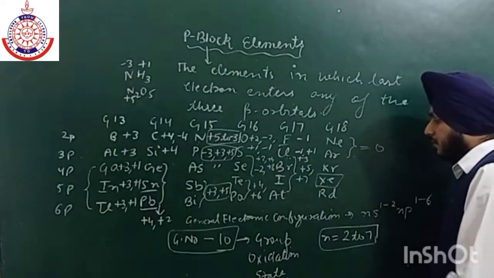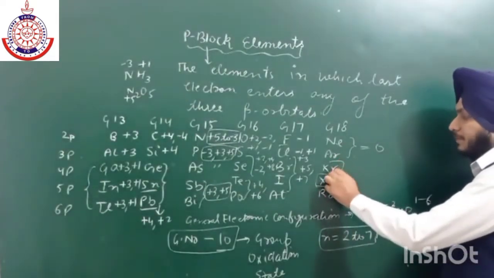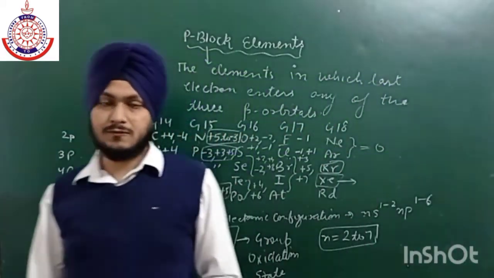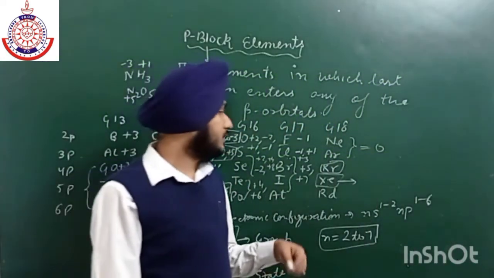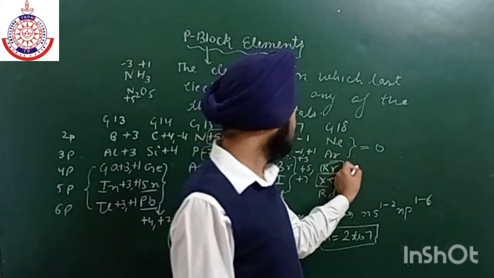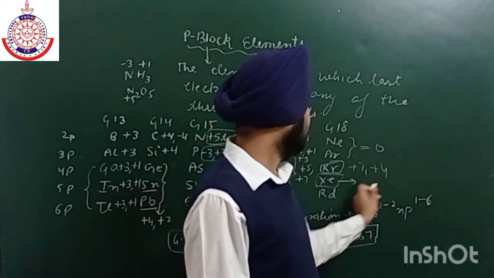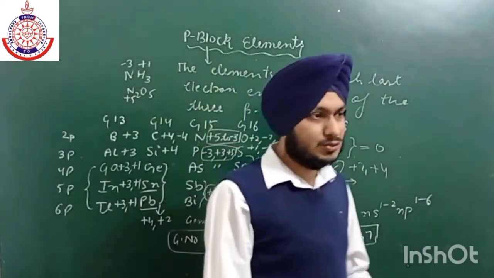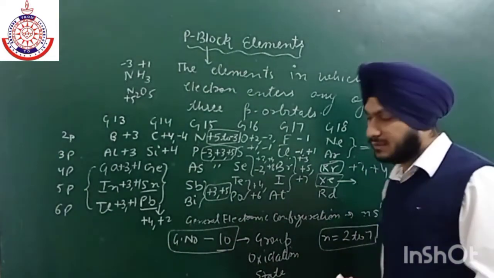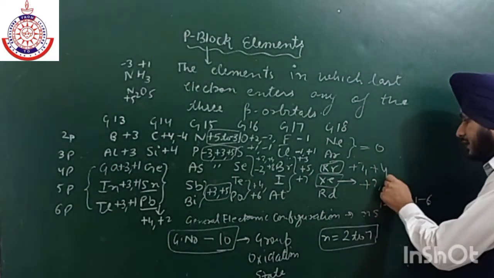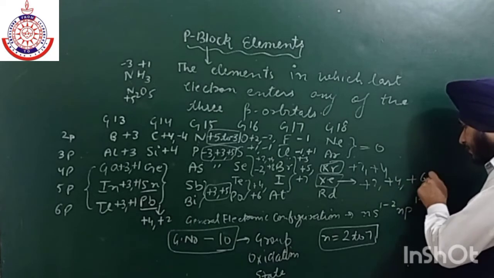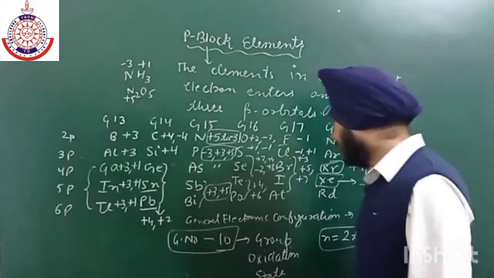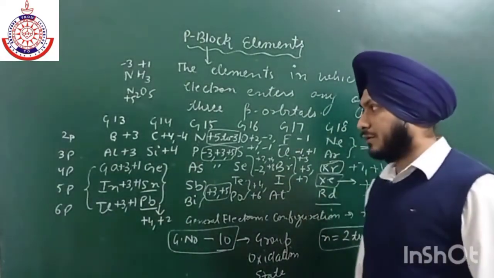And if we talk about krypton, so krypton has a tendency to show +2 as well as +4 oxidation state, okay. It doesn't show higher oxidation states, +2 as well as +4 only. And if we talk about xenon, so xenon compounds exist in +2, +4, +6 and even +8 also, okay. And radon, as we all know, is radioactive in nature.